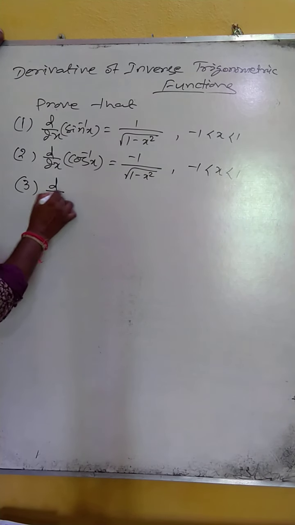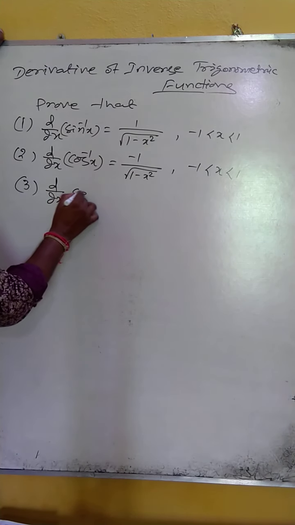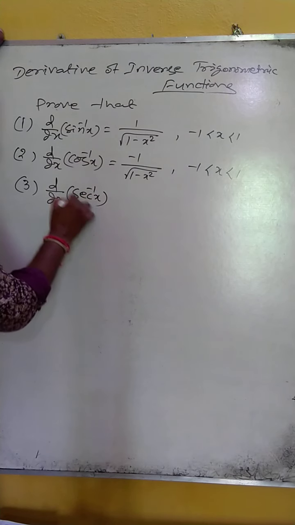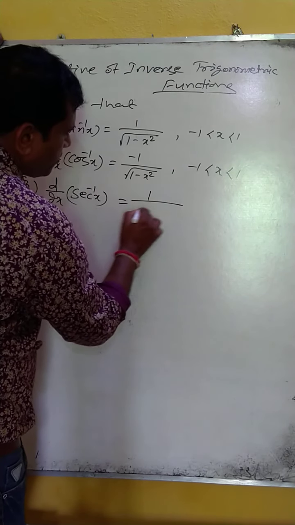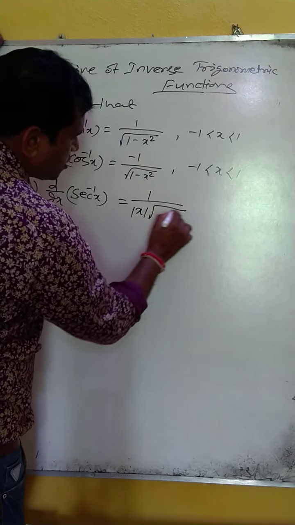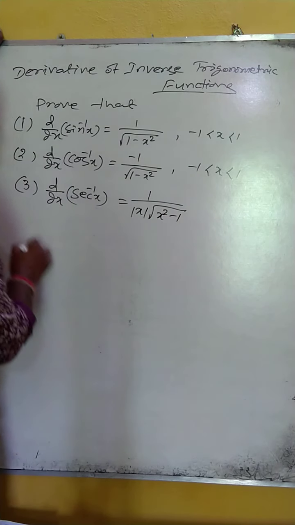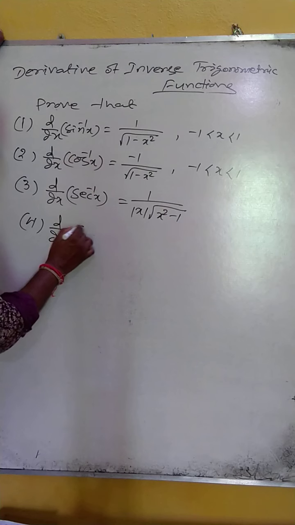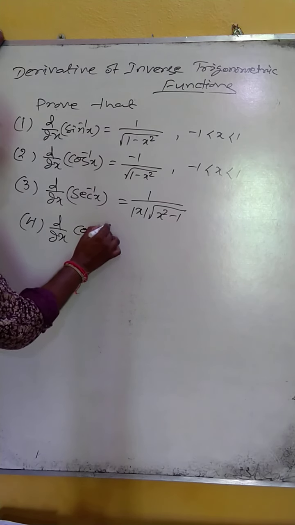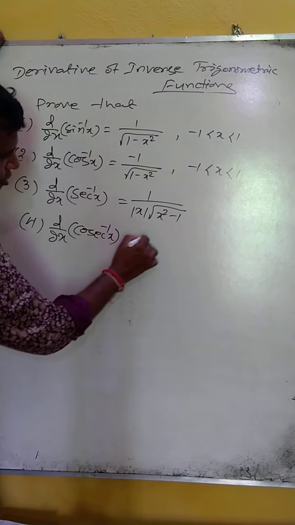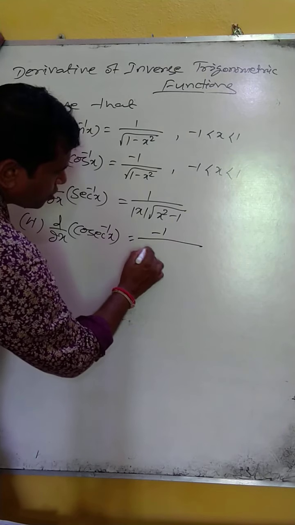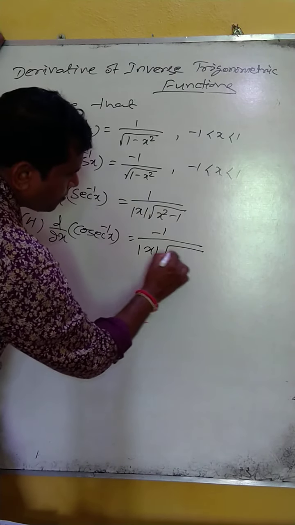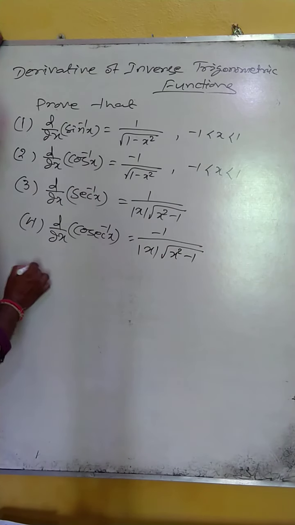Third, d by dx of sec inverse x is equal to 1 by mod x root over of x square minus 1. Fourth, d by dx of cosec inverse x that equal to minus 1 by mod x root over of x square minus 1.